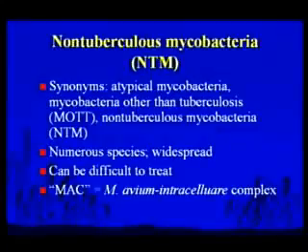Those abbreviations are, of course, unimportant. The main thing is the concept. There are numerous species. Mycobacteria are everywhere. One of them is MAC, Mycobacterium avium intracellulare, which you may have had in the HIV lecture.